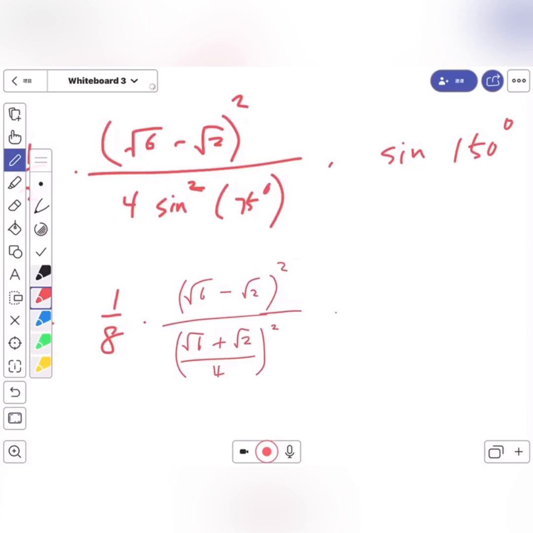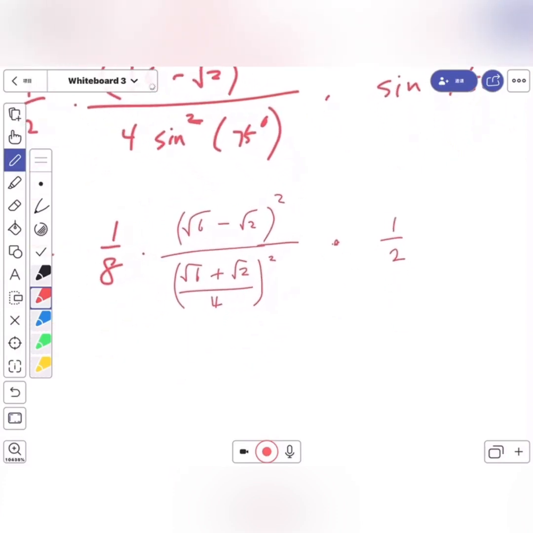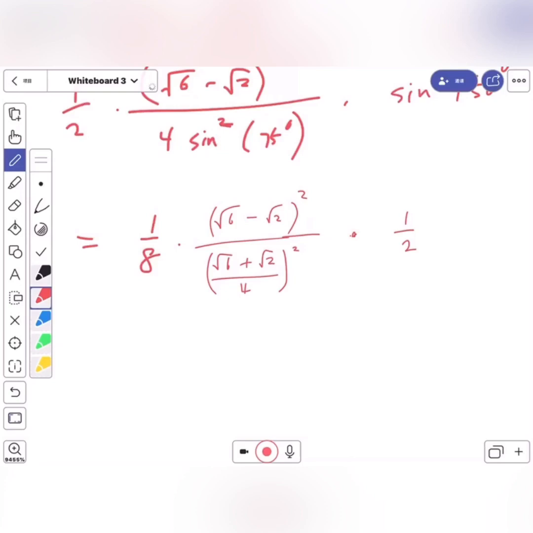Well, don't forget the trigonometric value, it's simply 1/2. Now this just gives us 1 over 16 times, because this 4 squared moves onto the top, 16 times root 6 minus root 2 over root 6 plus root 2, entire thing squared.